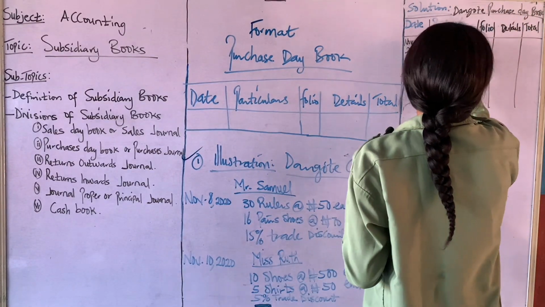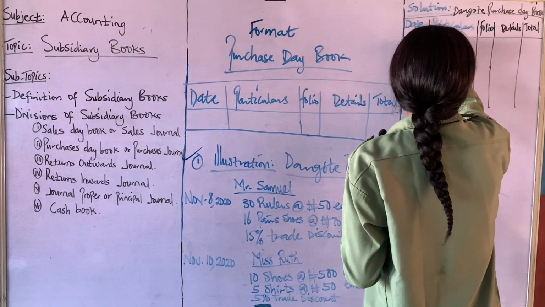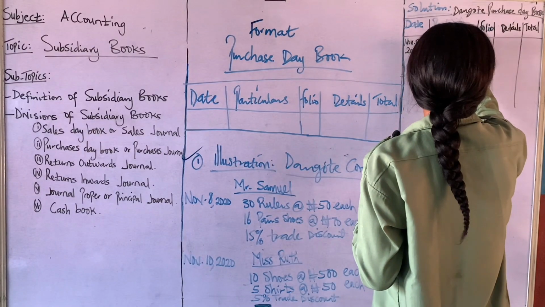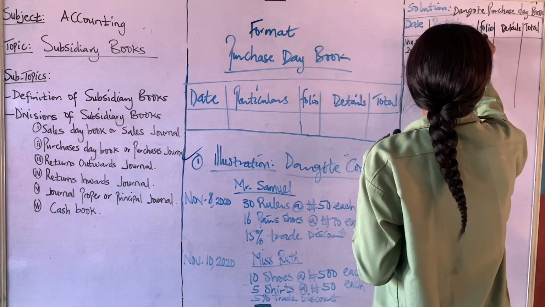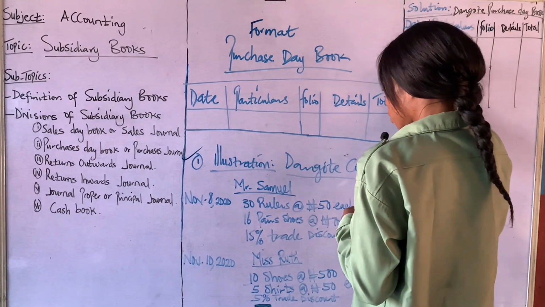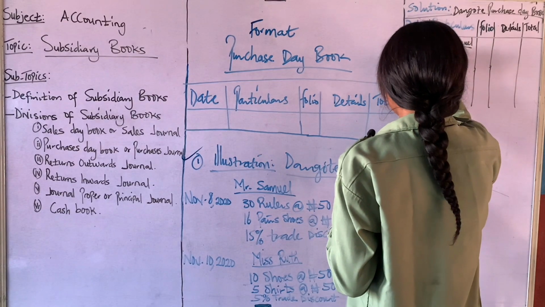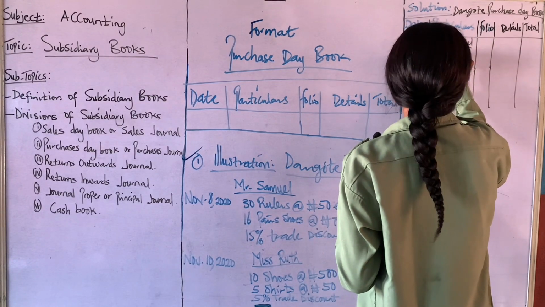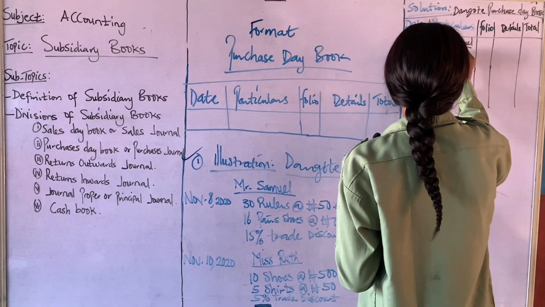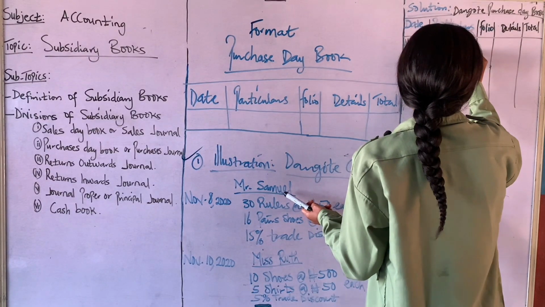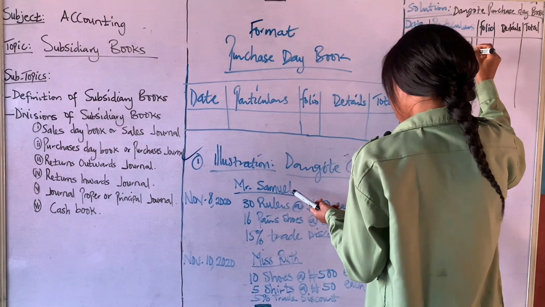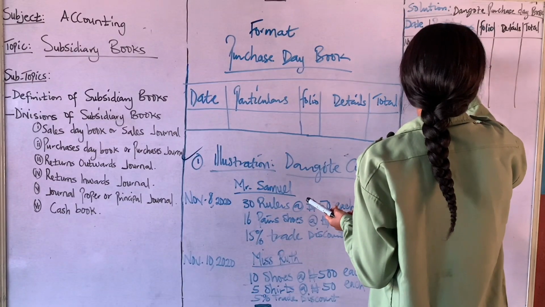Okay. So we said Dangote purchased from Mr. Samuel, Mr. Samuel, 30 rulers at the rate of 50 naira each.